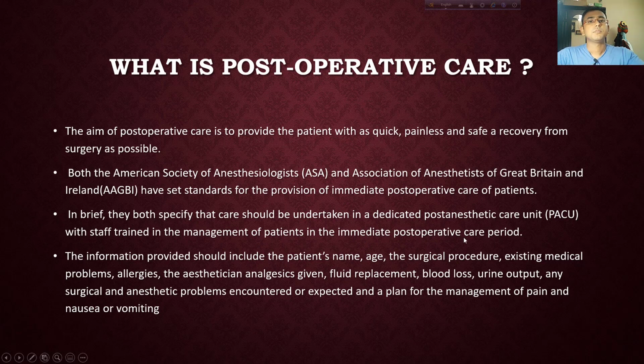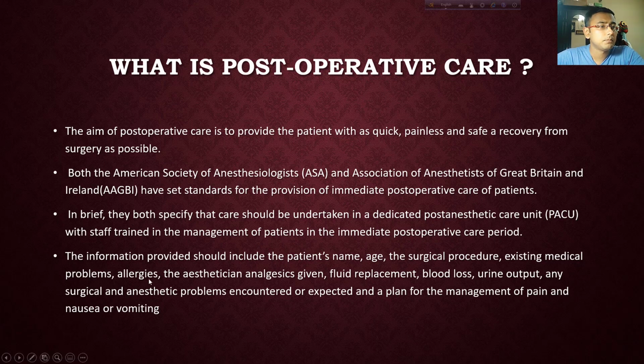So post-operative care is given in the anesthesia ward or post-operative ward. The information provided should include the patient's name and age. First you must register the patient: the name, age and surgical procedure, what kind of surgery he has undergone, will be recorded in that checklist.